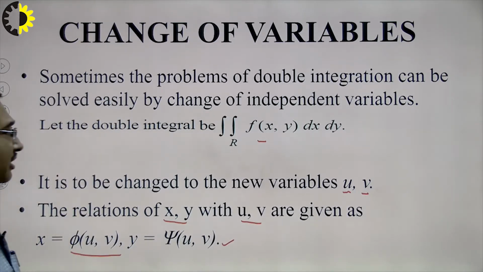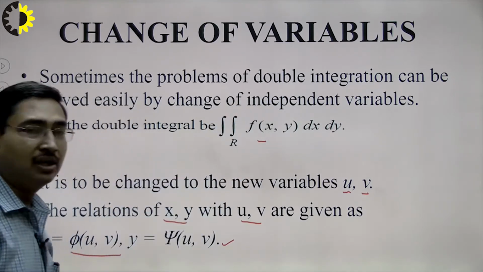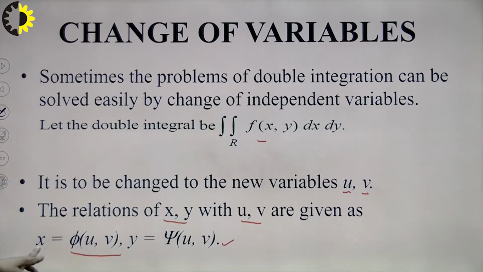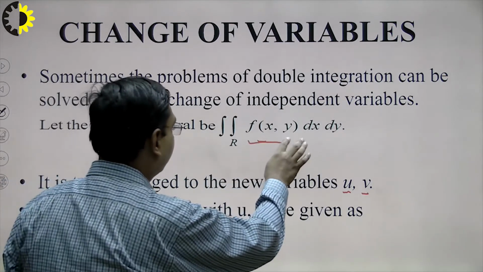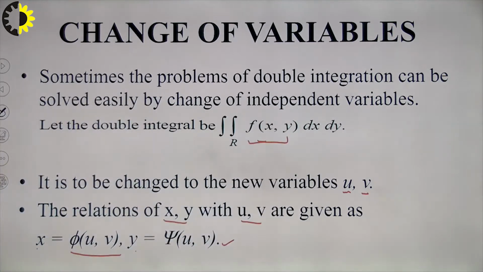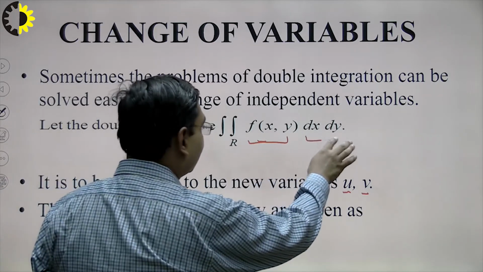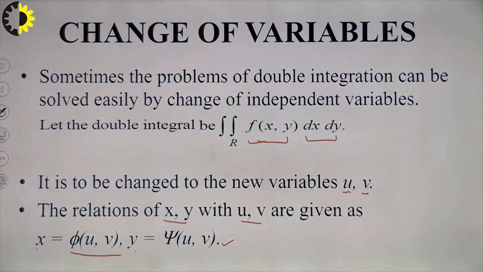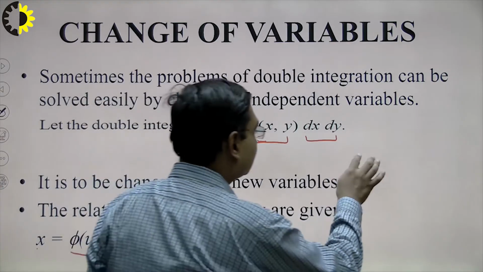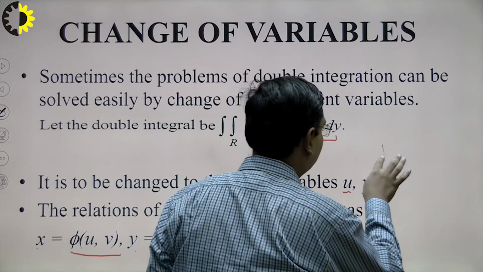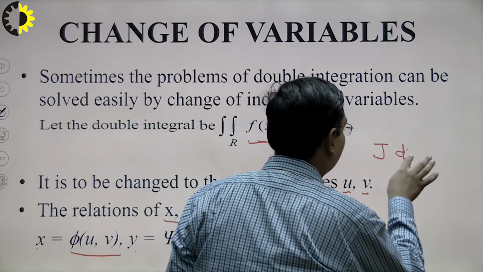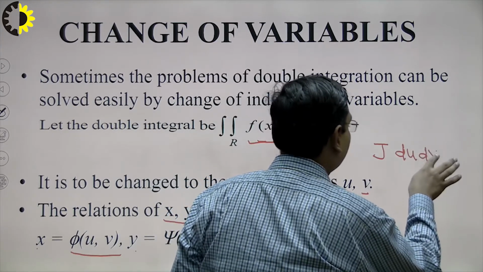To change the variables from xy to uv, we shall substitute these values of x and y in this function f(x, y). This dx dy is not replaced directly by du dv, but it is replaced by J du dv.